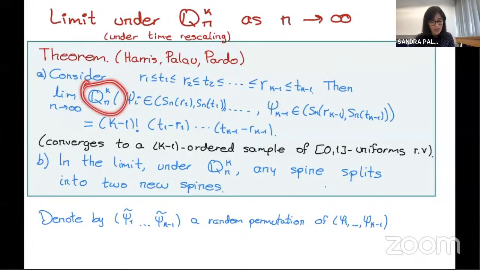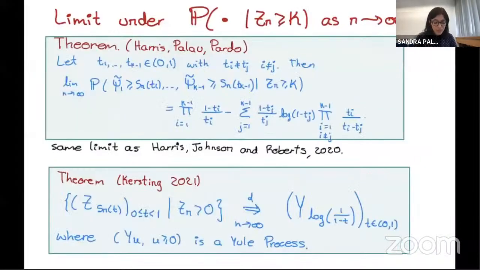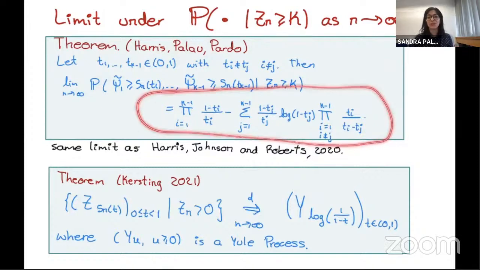We have Qn^(k), but what we wanted was under our original measure P. In order to do that, it is easier to work not with the ordered sample, but with a random permutation. So we are going to denote by C1 tilde up to C(k-1) tilde a random permutation of our Ci's. And what we show is that under our original measure, the Ci's converge to a vector that has this distribution.